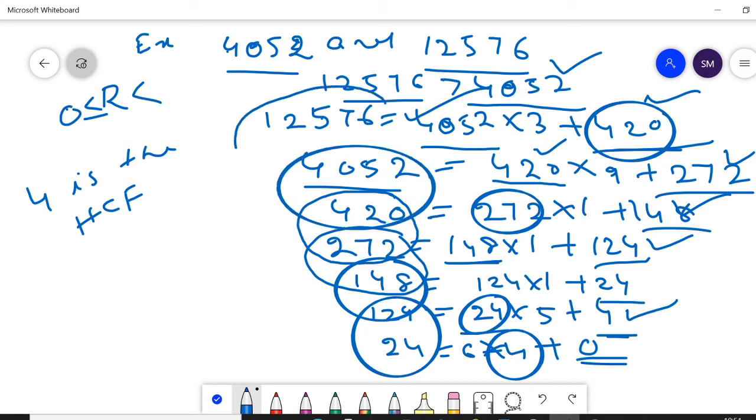Finally we get 4 is the HCF of 12576 and 4052, using Euclid division algorithm.